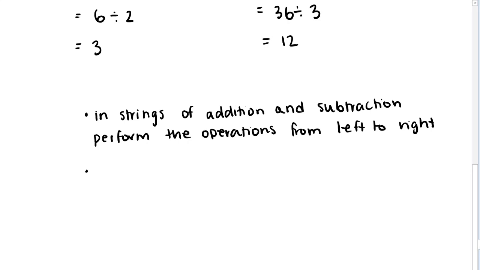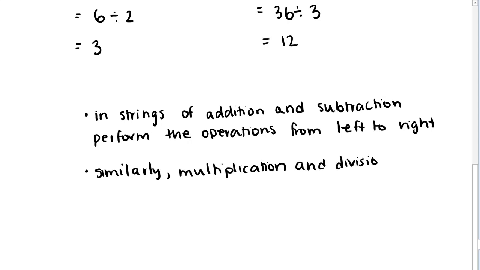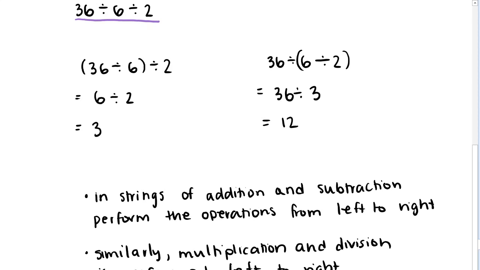So here, similarly, multiplication and division is performed left to right. If we look at our previous example, again, there are two possibilities we can interpret this expression.